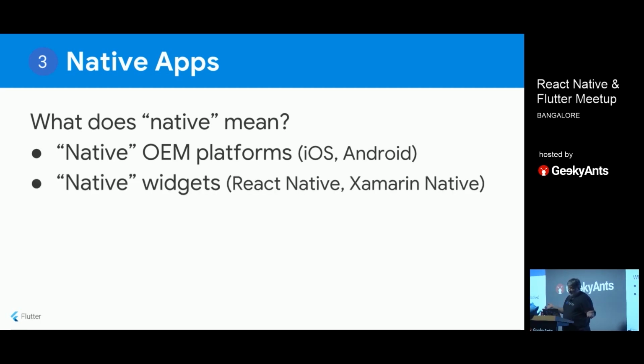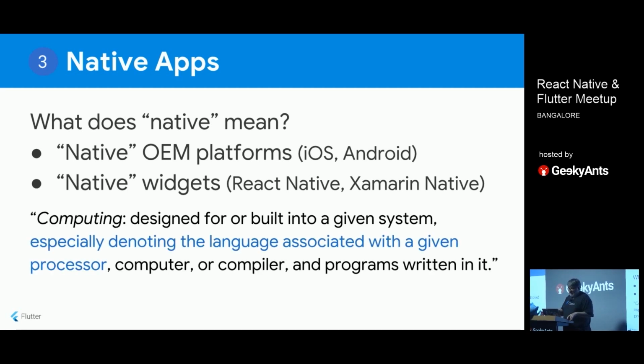But we also have the word native used a lot by React Native and Xamarin Native. So they're talking about the native widgets or the built-in widgets on the platform. But if you actually look up the definition of what native means, even in the computing world, what native actually means is something that's written in the language for the processor that it's running on, right? So this is from the Oxford English Dictionary.